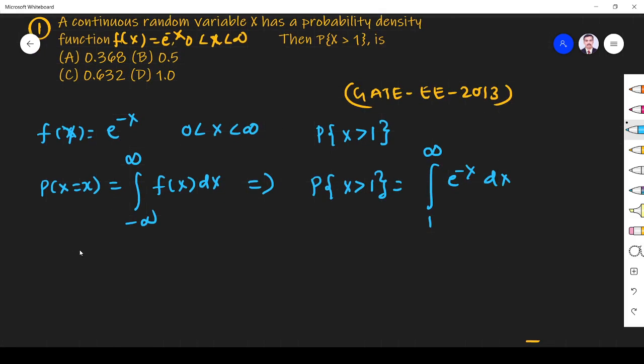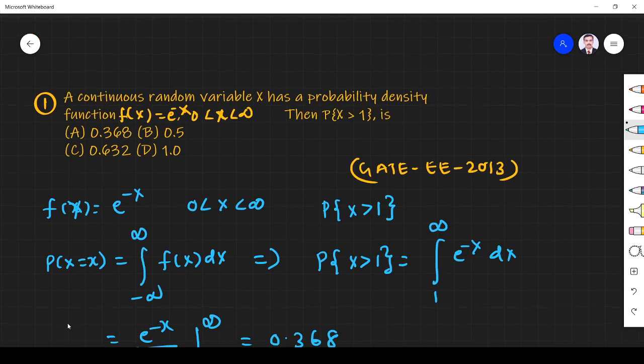That will be e power minus x by minus 1, where the integral varies from 1 to infinity. If you simplify, what you get is 0.368. So option A is the correct answer.